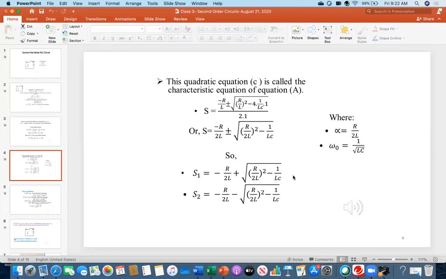So this means s1 equals minus alpha plus root over alpha square minus omega naught square, and similarly the expression for s2 goes. I think everybody is understanding, right? Exactly the similar thing we did in the last class.